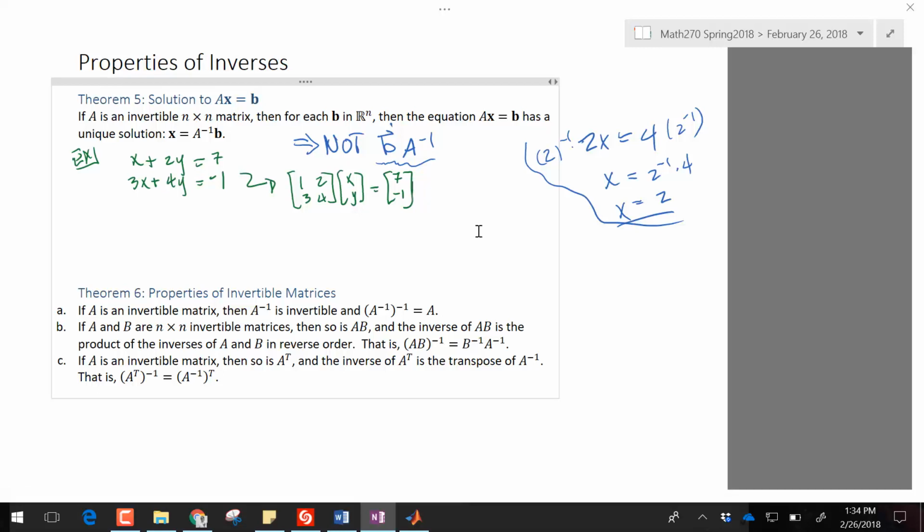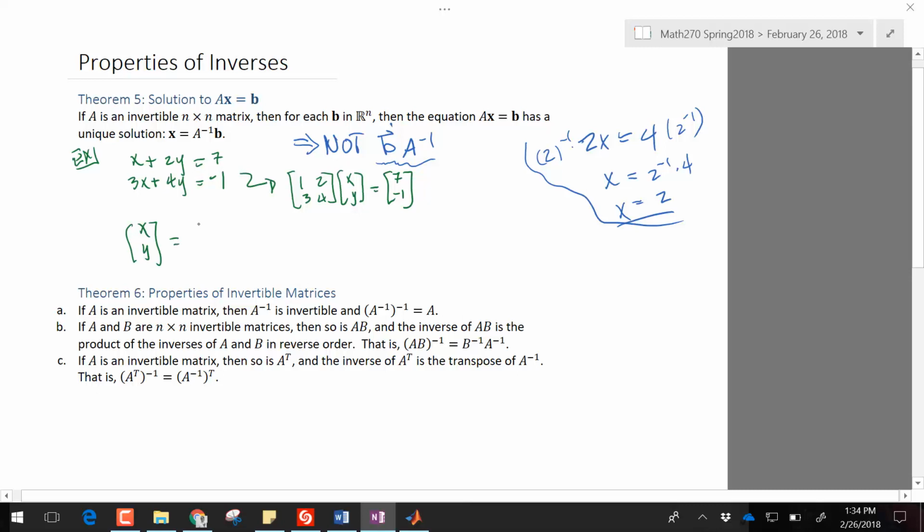We know the inverse of this, so we can immediately jump to the answer. Your x vector is equal to A inverse, which is negative 2, 1, 3 halves, negative 1 half, times b.